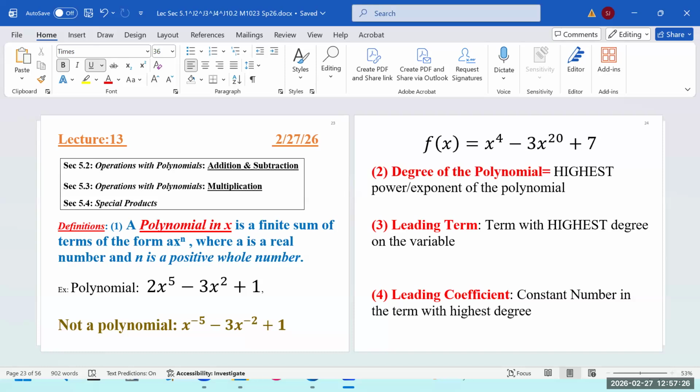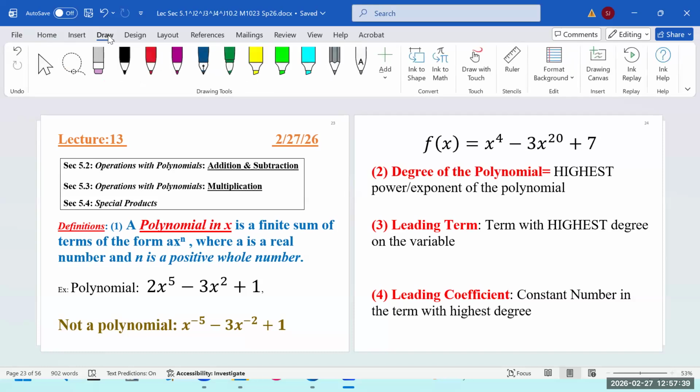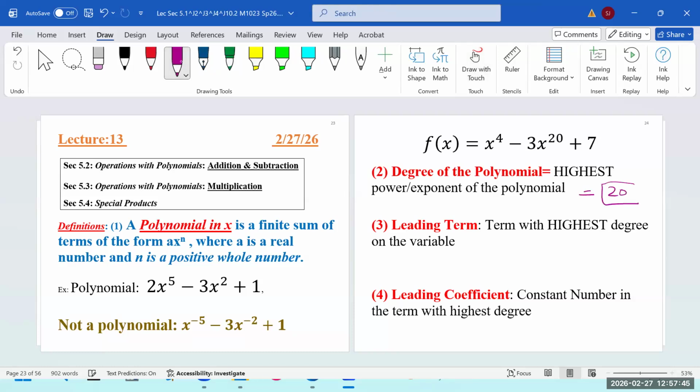So in this example where we have x to the 4 minus 3x to the 20 plus 7, which one is higher, 4 or 20? 20. So the degree of this polynomial is not 4, even though it's written first, it's actually 20. The highest number on your power is the degree of the polynomial.